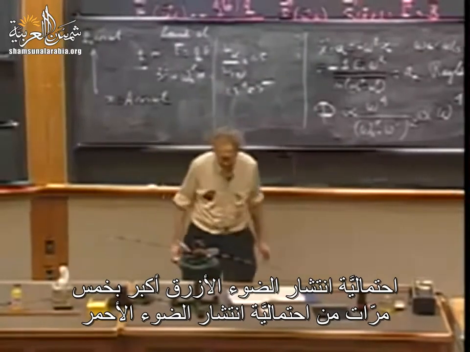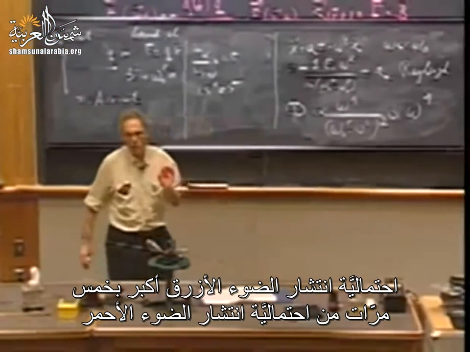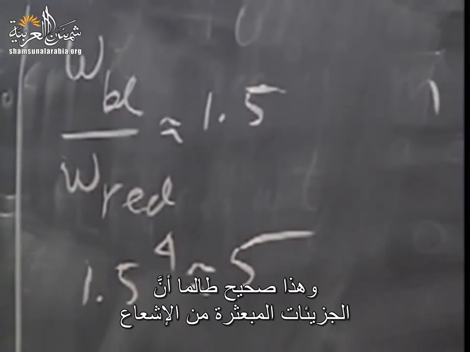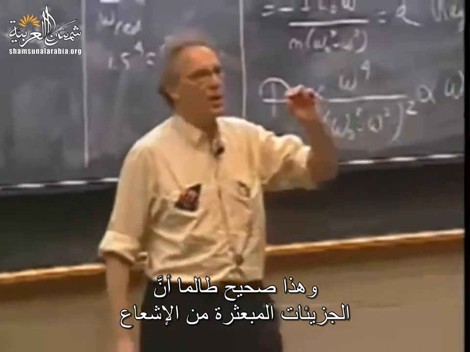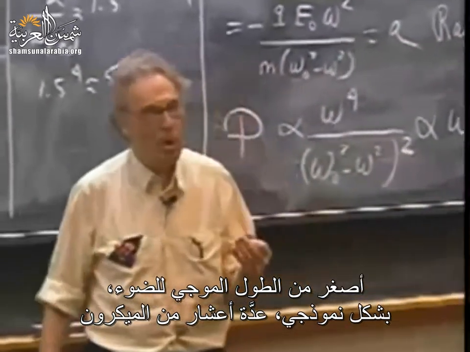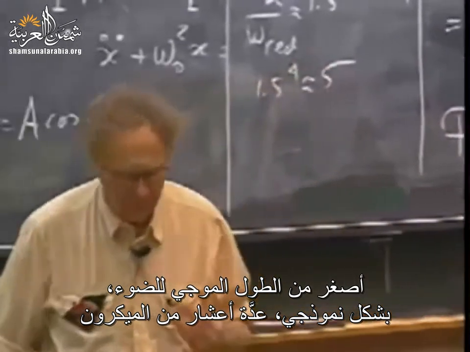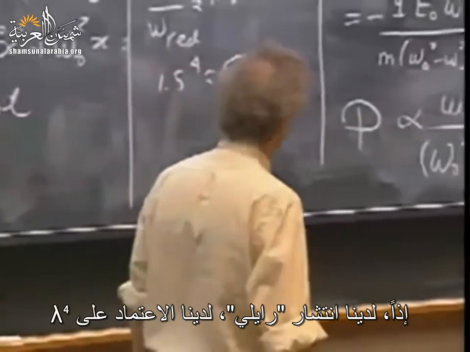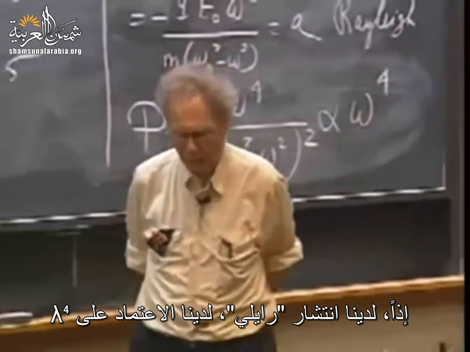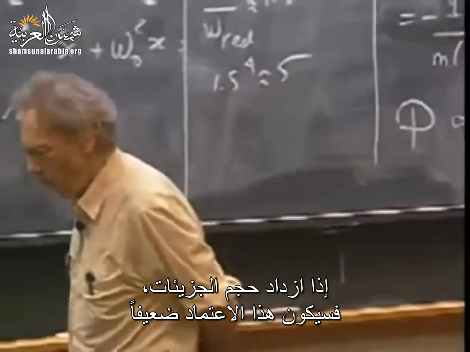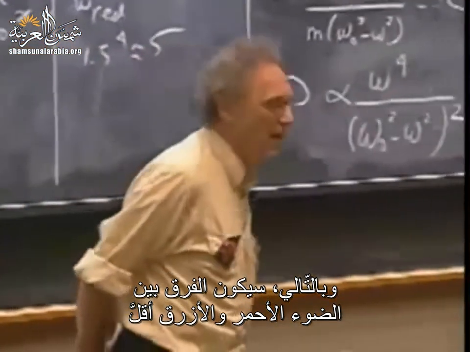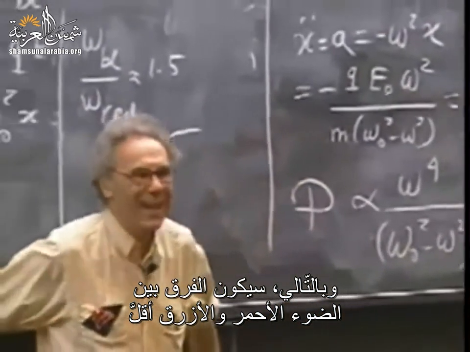And so the blue light has a 5 times higher probability to be scattered than the red light. And this holds as long as the particles off which the radiation scatters are smaller than the wavelengths of light, typically a few tenths of a micron. So then we have Rayleigh scattering, with the dependence on wavelength to the power 4. If the particles grow in size, this dependence weakens, and then the difference between the red and the blue becomes less.